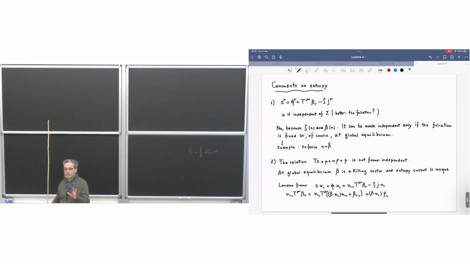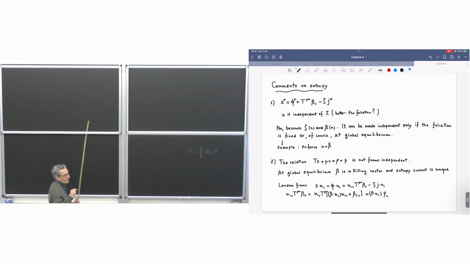An example is to choose the hypersurfaces which are orthogonal to beta itself. This is a sort of self-consistent choice, such that the family of hypersurfaces is orthogonal to beta. This is possible only if beta is a non-vortical field. In a general case with vorticity, for instance when we have rotation, this is not possible.